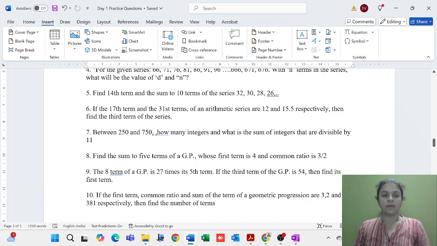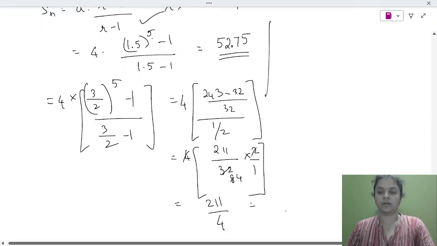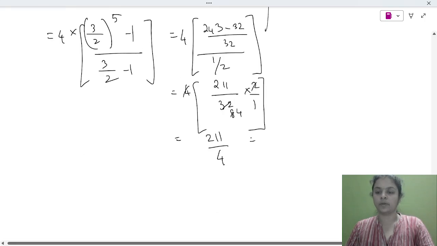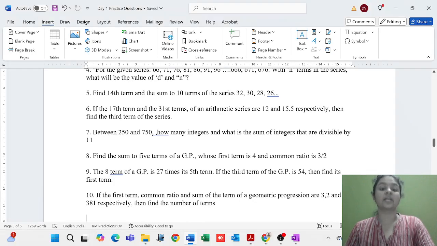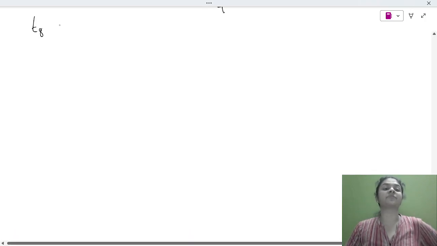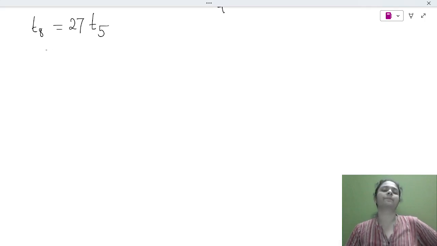The 8th term of a GP is 27 times its 5th term. The 3rd term of the GP is 54, and then find its first term. So let's work out. 8th term of a GP is 27 times its 5th term. So simplify the equation.